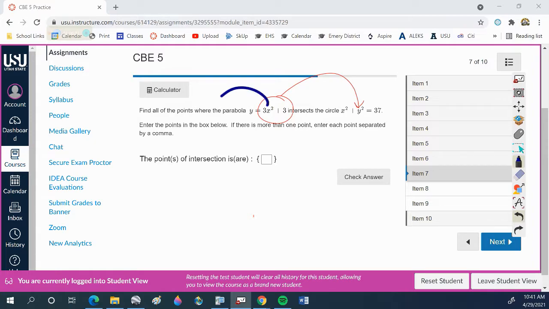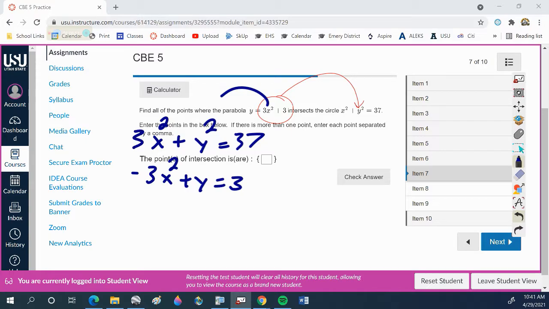So if I moved this over, negative 3x squared plus y plus 3, and then I put the x squared plus y squared equal. I'm going to times the top by 3, and 90 plus 21 is 111. Somebody check that. Is it 111?